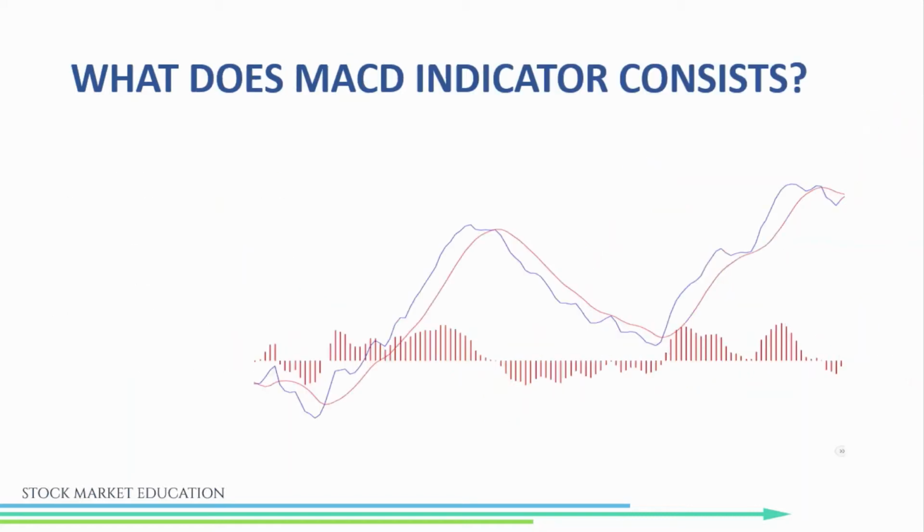Now what does the MACD indicator consist of? As you can see in this graph, it consists of three lines. The one is a red line, second one is a blue line. The third part, what you can see are those red bars over here, and the fourth is an invisible line called as a zero line.